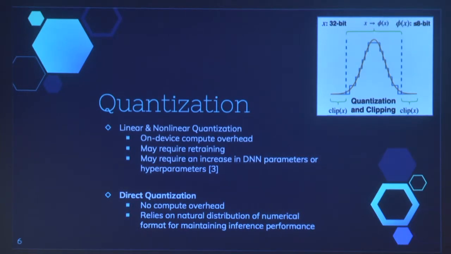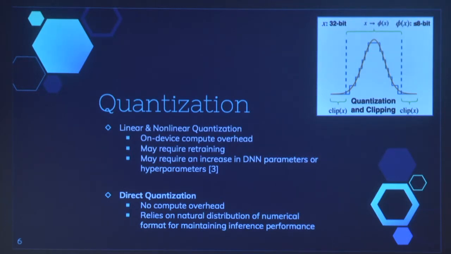These are good, but when you're doing these kinds of quantization mechanisms, there is a price you pay. There's no free lunch, right? You are paying some price in terms of adding additional compute resources on the device, on your end platform. And especially if you're doing your quantization at the inference phase, then you might have to retrain your network, and it might require an increased number of hyperparameters in your deep neural networks.